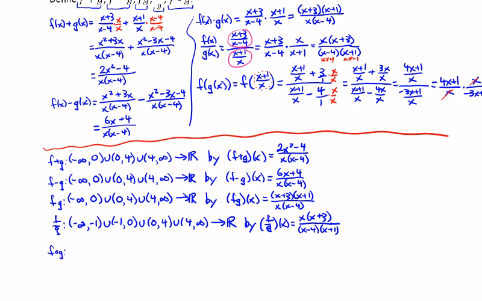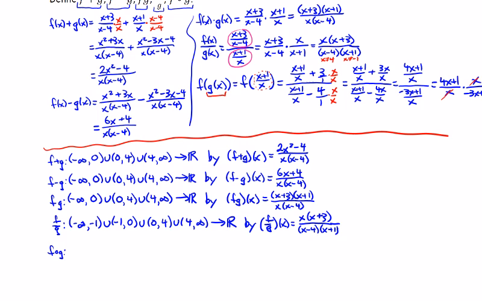Now for the composition, we have to be a little more careful about how we come up with the domain. The domain restriction starts with the domain of the inside function. So g of x is our inside function here. That's what we start with the substitution.